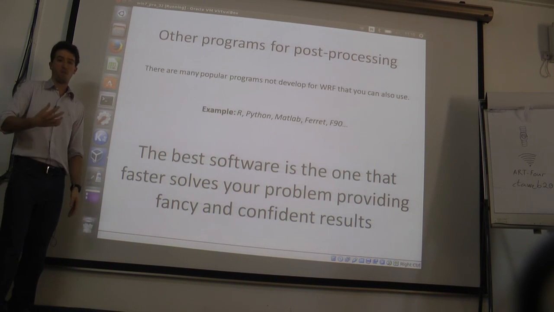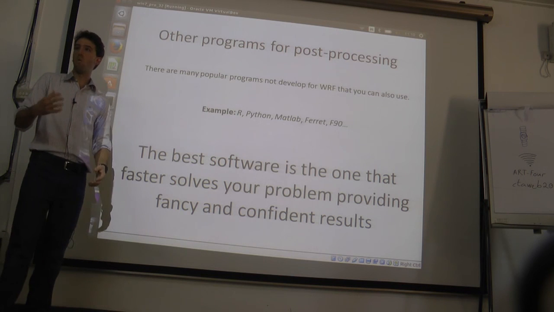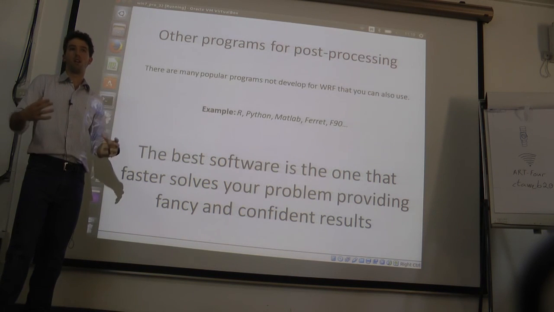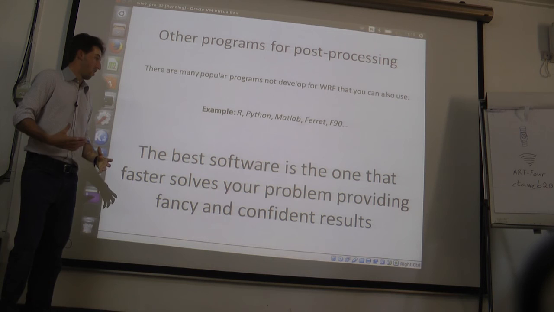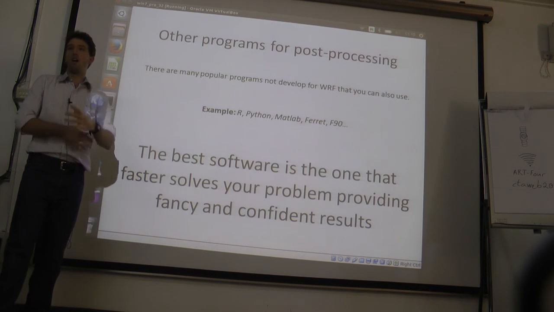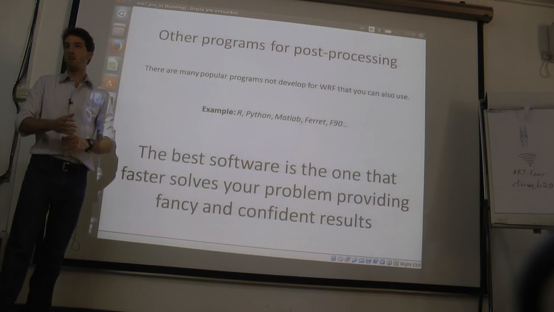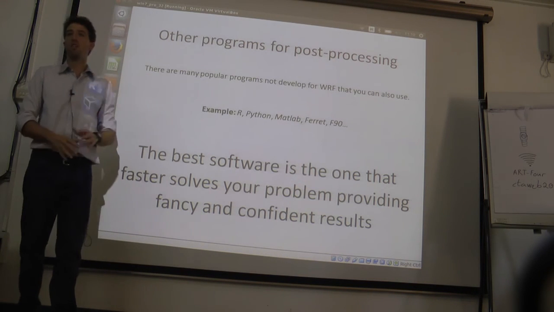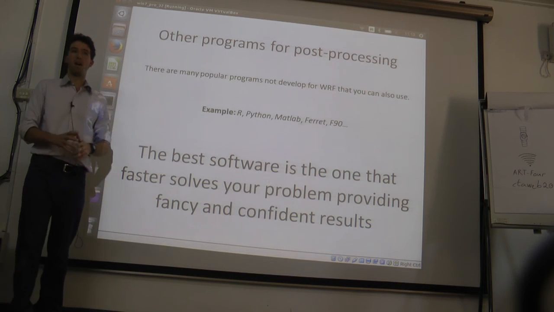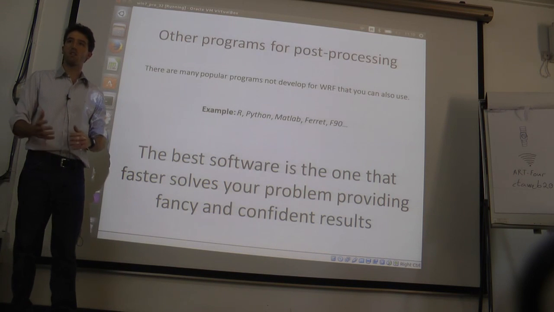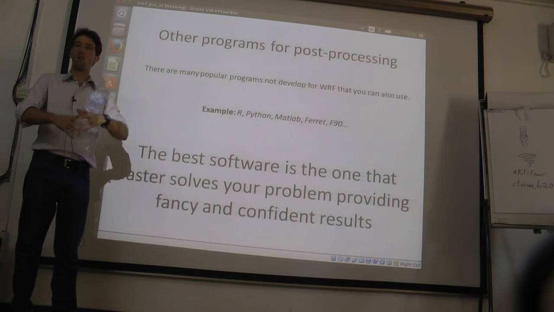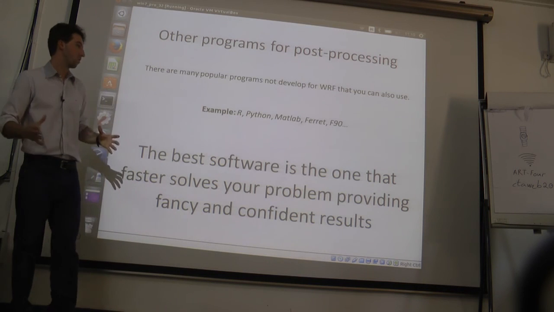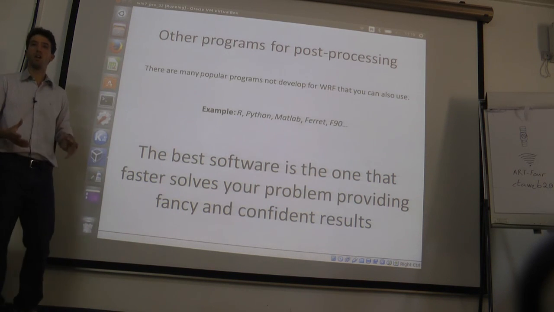For example, for me, GrADS is the one where I visualize a result fastest. Olafur can use NCL, he does it faster, so for him NCL will be the best. But the important thing is to know that all of these tools exist and you can play with them.